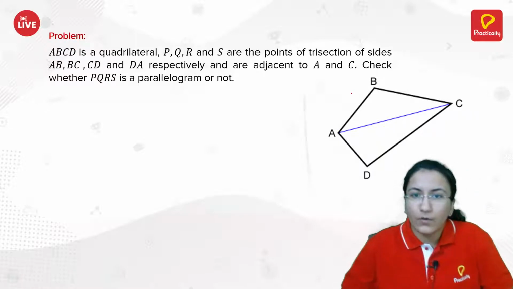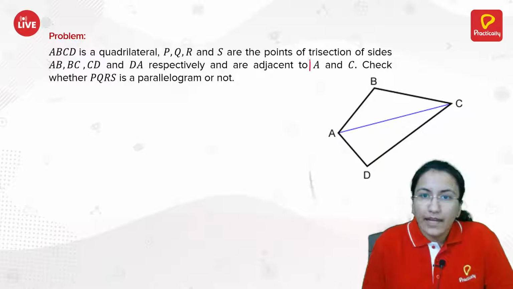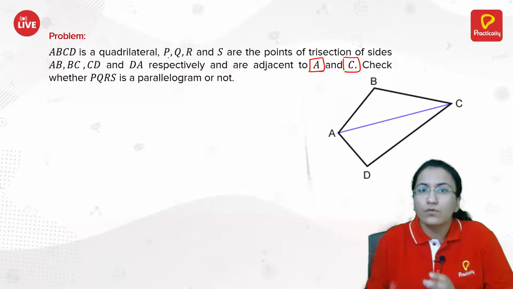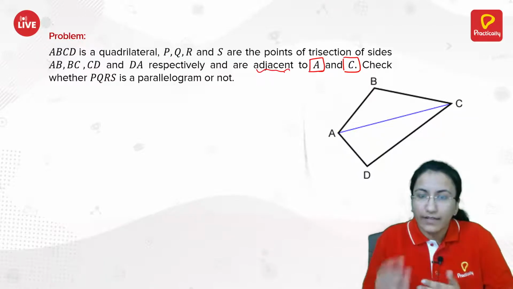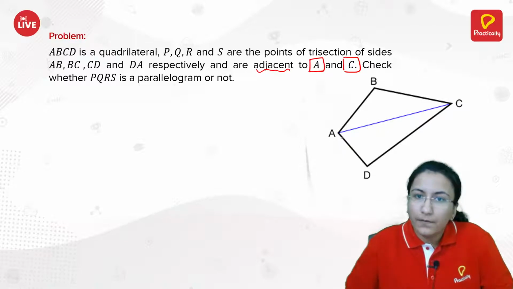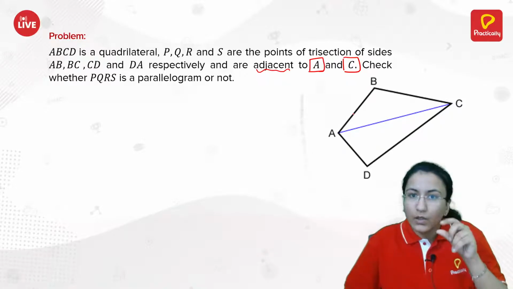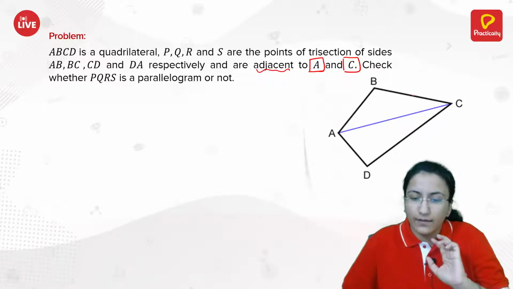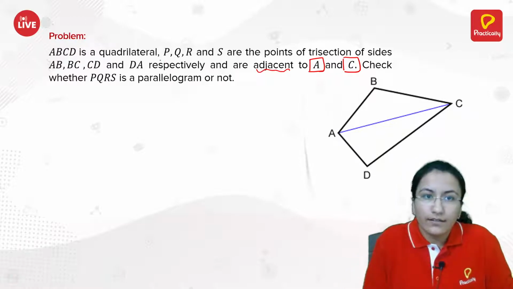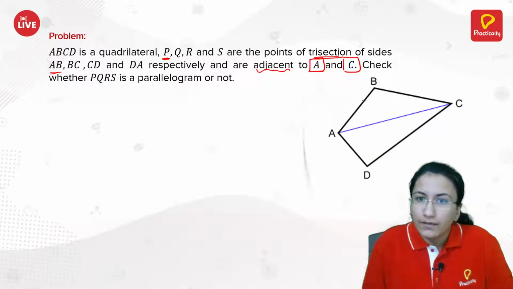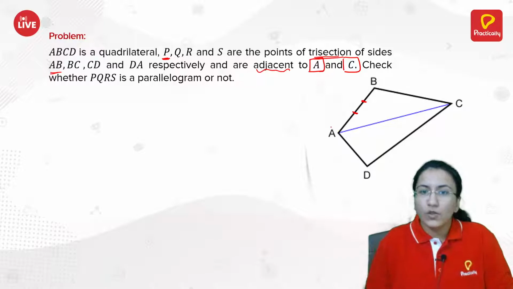Here it is given that the points which we want to plot are close to A and C. That means they are adjacent to A and C, right? So I have drawn a line AC so that I know I need to plot the points closer to A as well as C. Here, point P is the trisection point for AB, right? Let's trisect this. I have marked here 2 points which trisect it.